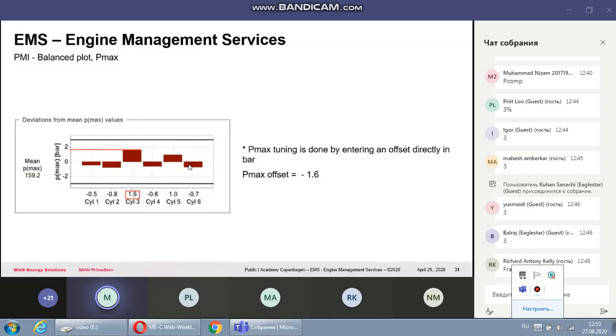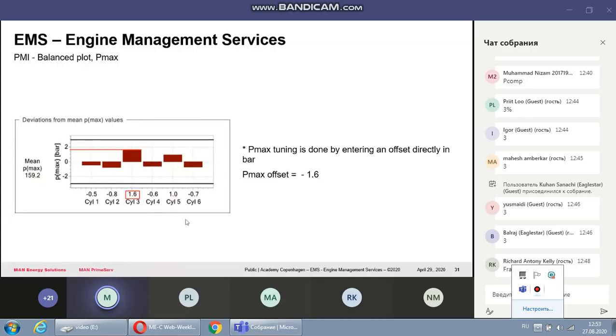Don't forget, I can also assure you, if you increase your Pmax average by 1 bar, some of them are low, so you bring them up, so average Pmax now became, for example, 161, you will save at least 0.2 gram per kilowatt hour. So that's a big saving.